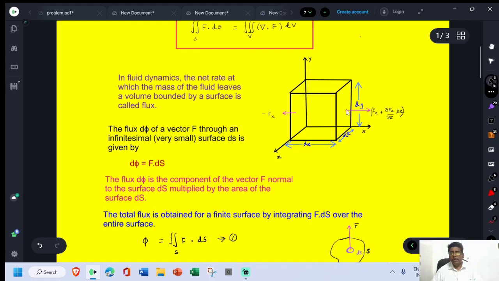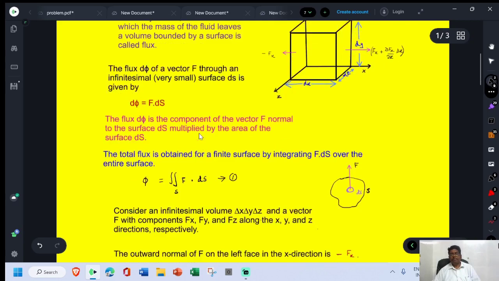Here dx, dy and dz are the sides. dx is along the x direction, dz is along the z direction, dy along the y direction. This is left face, this is right face. Then bottom and top faces are along the y direction. Front and back faces are along the z direction.